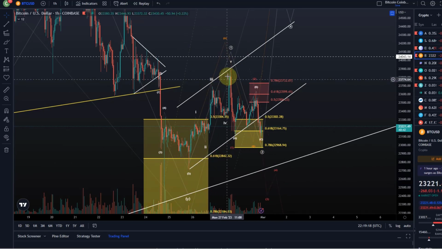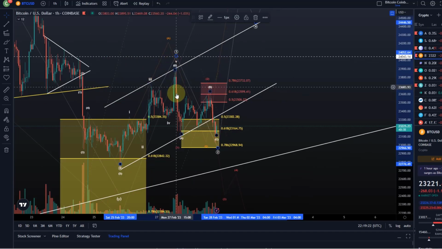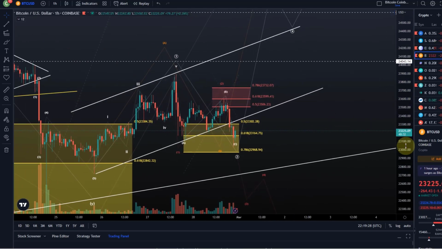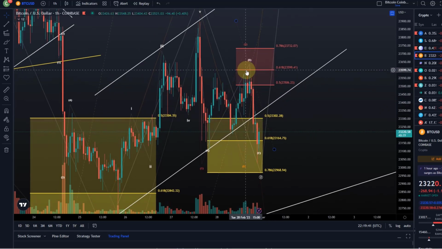So let's say we moved up in 5 waves in a wave 1. We came down in an A wave, moved up in a B wave. We hit perfectly the 61.8 retracement. I think I didn't highlight that in the previous video, but I did give an update on Telegram and Discord today. Sometimes I forget what I talked about in the previous video because I'm looking at so many charts during the day. But I think it was a signal highlighting that we could just be doing a B wave, might react to resistance and come down in a C wave.